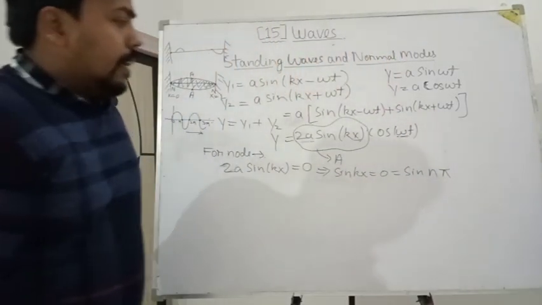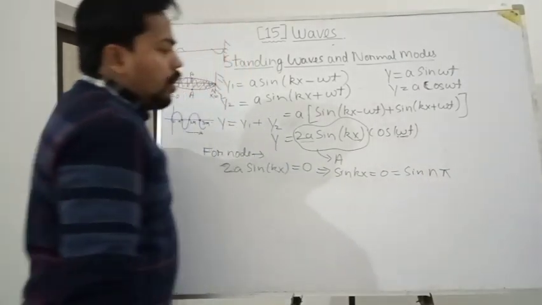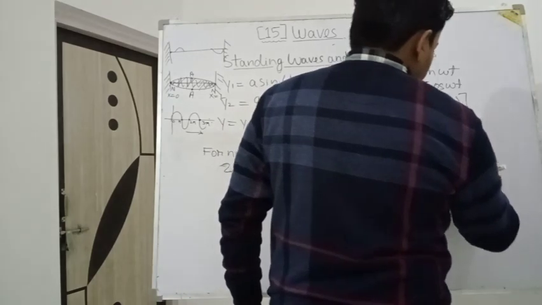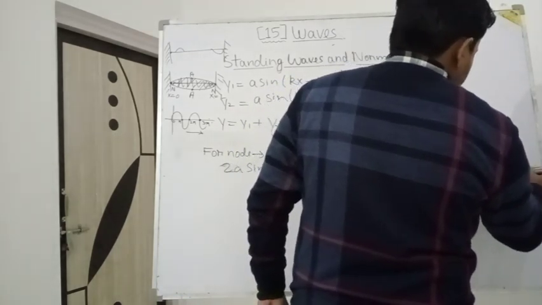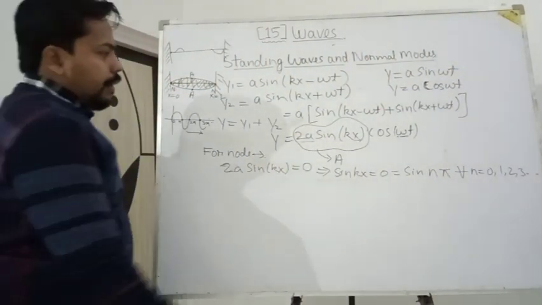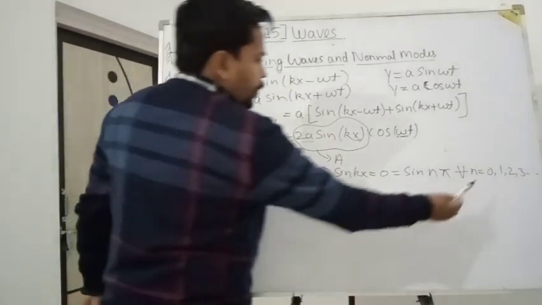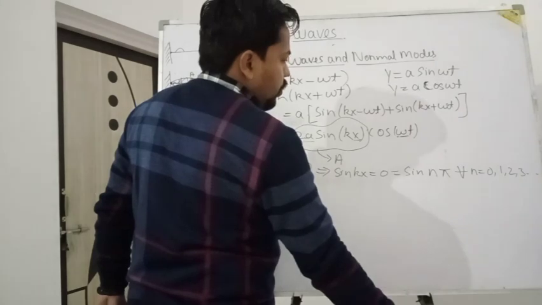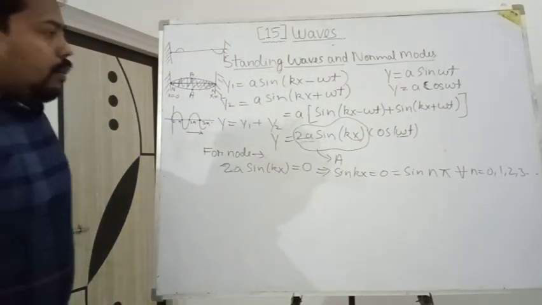So we can write that sin of kx can also be equal to sin of n pi, where n is an integer, for every n starting from 0, 1, 2 and so on. If we put n equals 0, sin 0 is 0. If we put n equals 1, we get sin pi, which is also 0. So for every integer n we get the value 0.